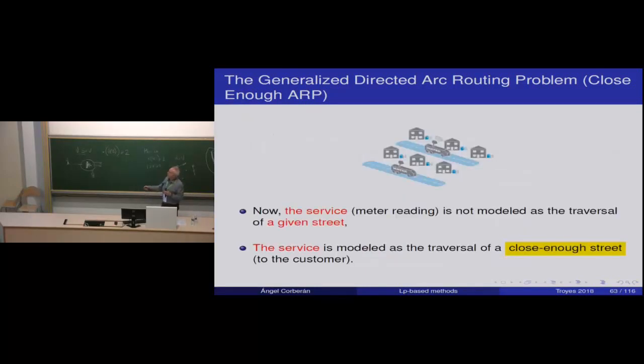So the thing is that now, for doing the service to read the meter, we don't need to traverse the street in which the meter is. For instance, the man that came to my home in order to take the measure of my meter, but you need only to traverse a close enough street.